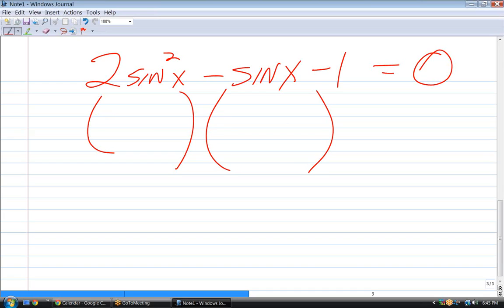So you would have sine x and then minus. Hold on. What goes here? All 2 sine x? It's got to multiply to this. Yeah. That's the rule. So it can't be just sine x. It's got to be, now this times that is equal to that.